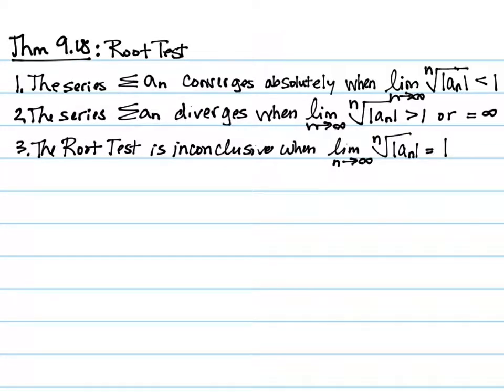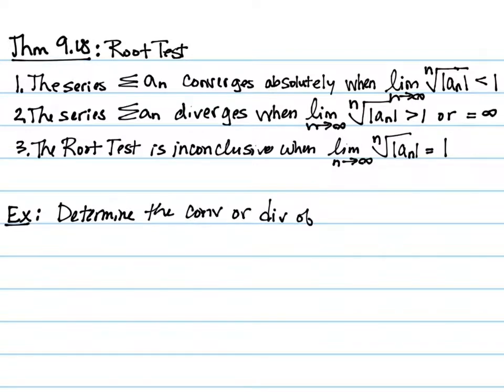Okay. We should do some examples, right? Of course. All right, got a couple of them, I believe. So our second set of examples, using the root test this time, same directions: determine the convergence or divergence of the series.